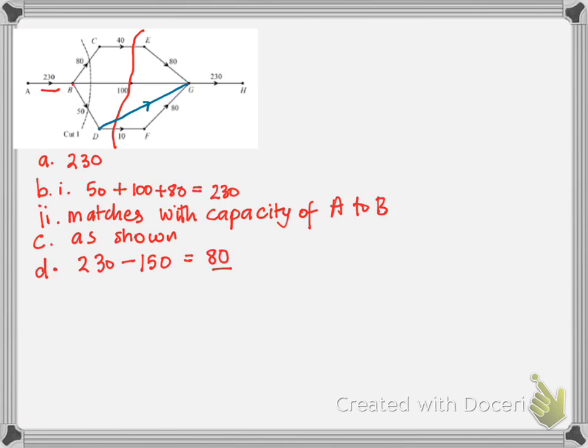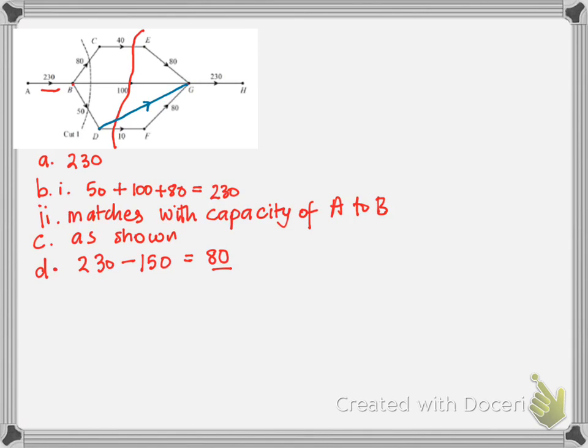Looking at this question now for E, part 1: if we put this road in from D to G, what is the minimum capacity of this road that is required so that the maximum flow of traffic through the network is achieved?